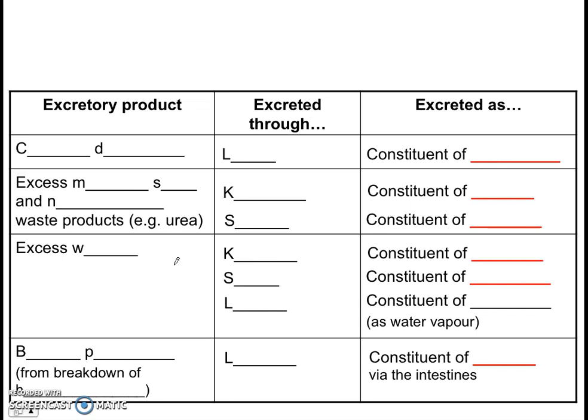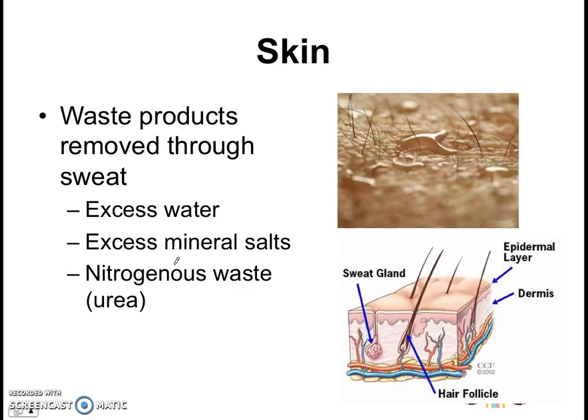Alright, I hope you've done the hard work. Let's have a quick summary together, shall we? So the skin, yes, the skin covers your whole body. It's the largest organ of your body and it helps you in excretion. The waste products are removed through your skin through sweat. That's stuff that comes down your face during PE.